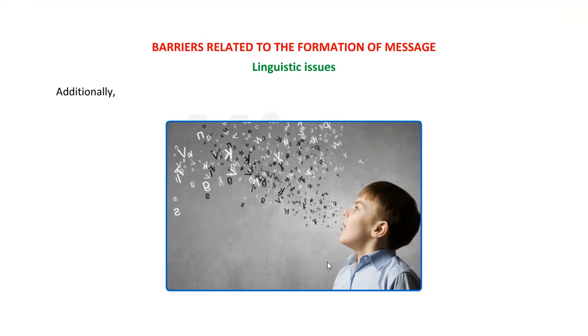So we need to ensure that the tone and the language of the message are easy. Then intonation issues. Intonation means the way we communicate with each other. Our body intonation is our body gestures, body language, or the non-verbal communication used.